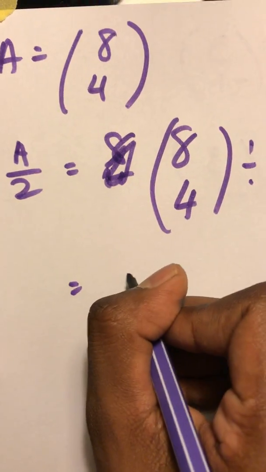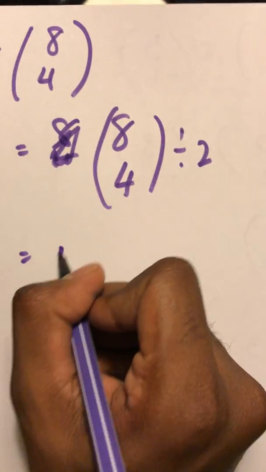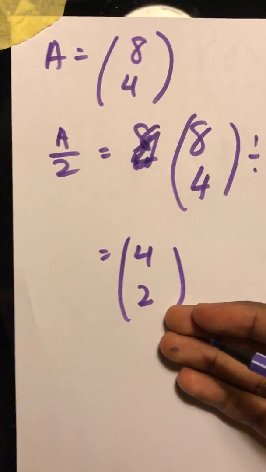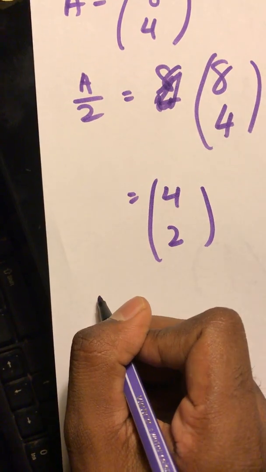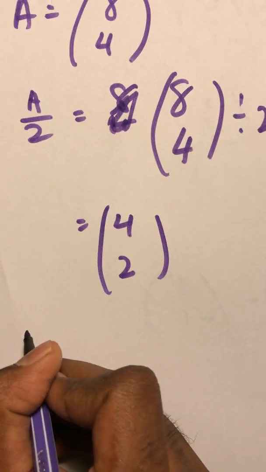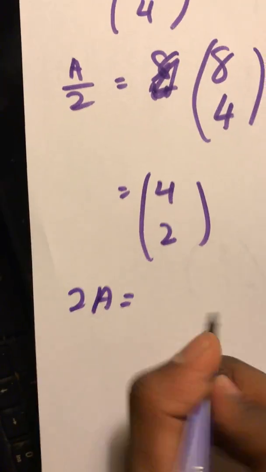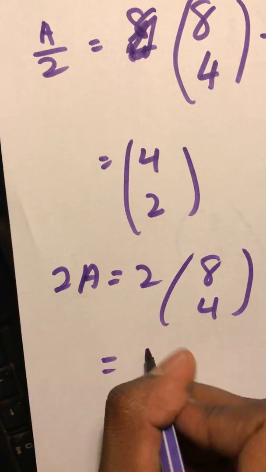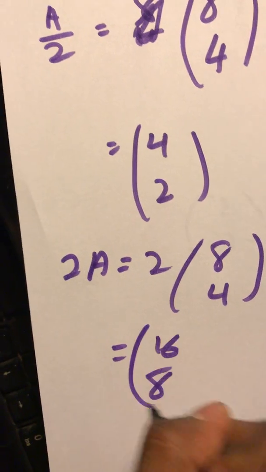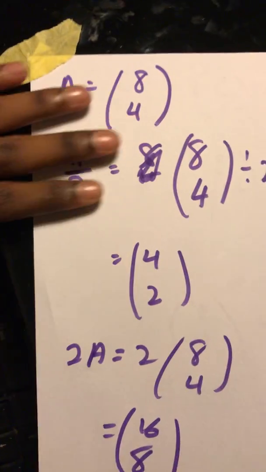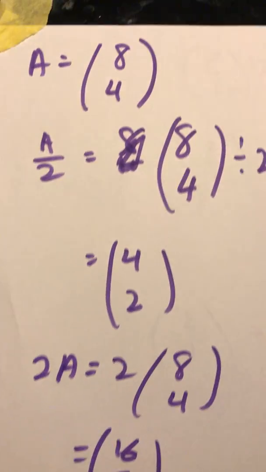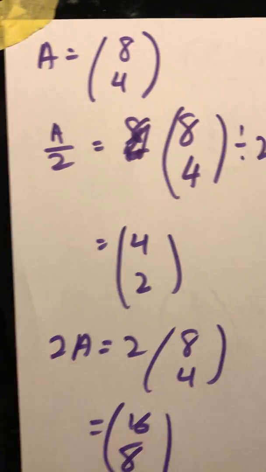So 8 divided by 2 is 4, 4 divided by 2 is 2. This is how you divide a vector. Then let's say I ask you to find 2a. I will write 2 times 8 and 4. So 2 times 8 is 16, 2 times 4 is 8. This is how you do addition, subtraction and constant multiplication for vector. I will return to you in the next video. Stay tuned.